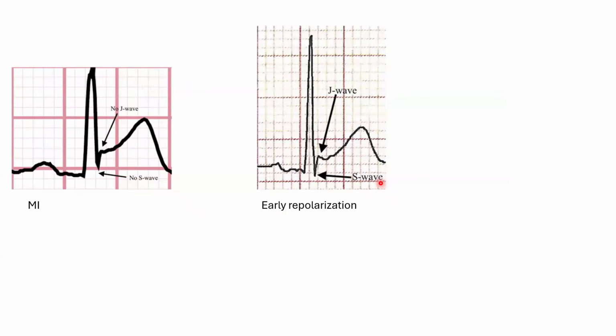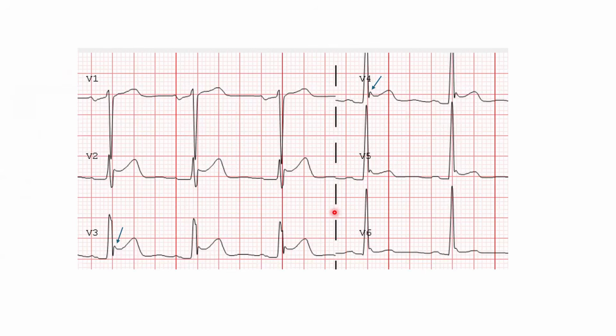However, unlike the STEMI, there is a J wave. It's not just a sharp J point, there is a J wave. So this tells me this may very well be early repolarization. If you have an S pulled above the baseline with a sharp J point, this is not early repolarization. But when you have it with a J wave, it may be early repolarization.